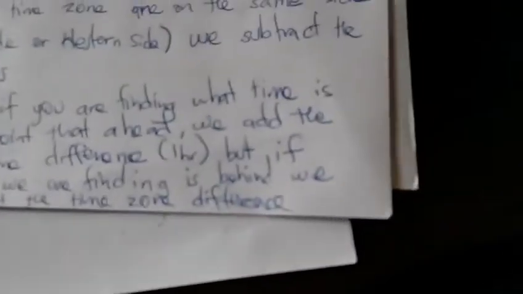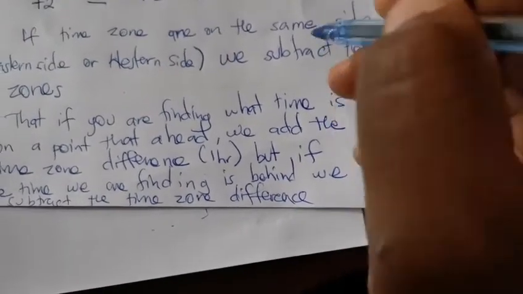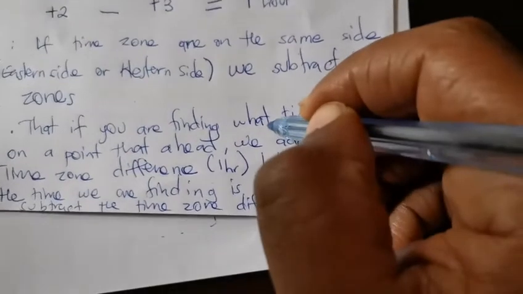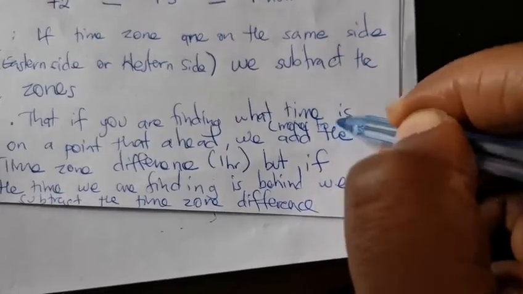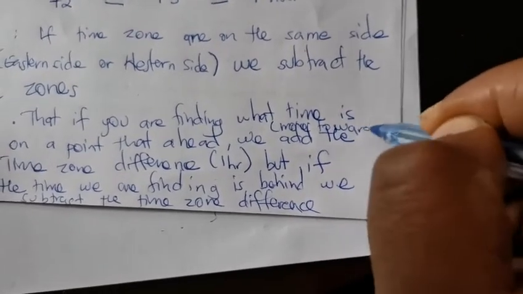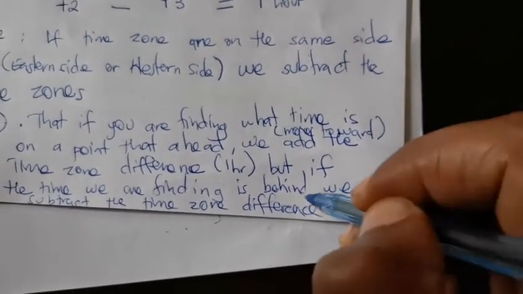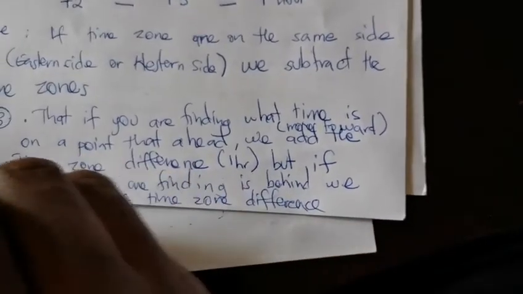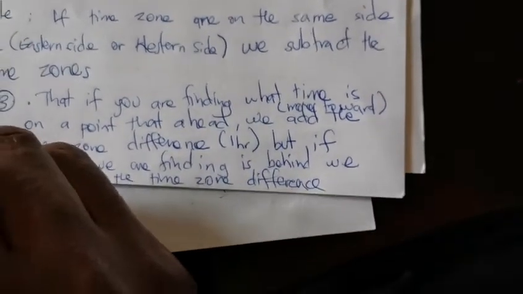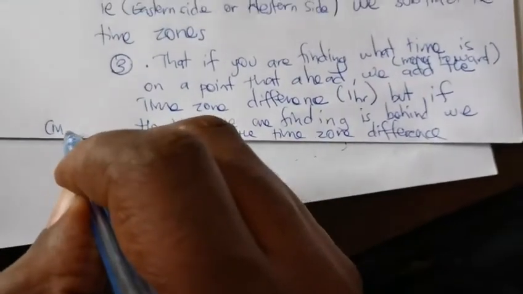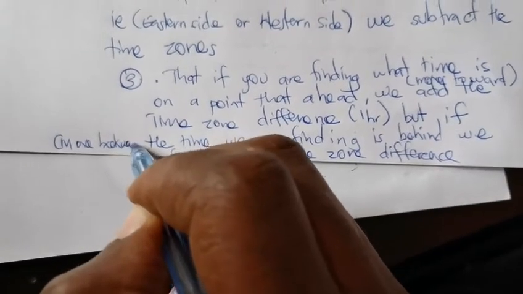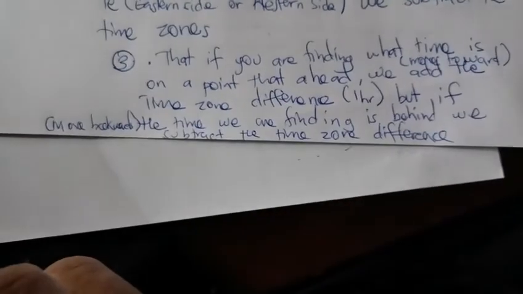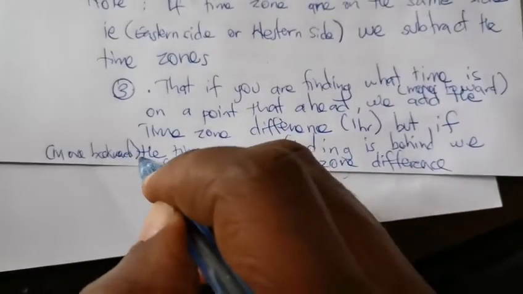Here we've said you add, so maybe you can simply put it in brackets and say move forward. Then here, instead of subtracting, we can say move backwards. Okay, it's the same thing.